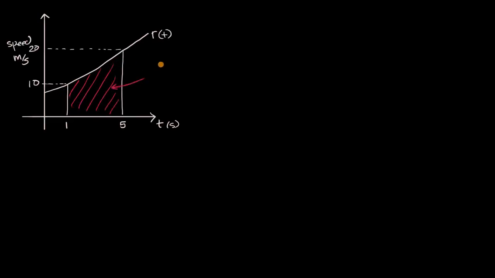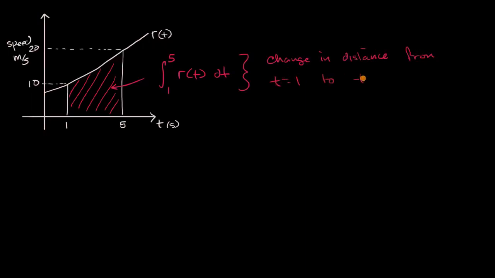This area right over here, we could denote as the definite integral from 1 to 5 of r of t dt. And once again, what does this represent? In this case, when our rate is speed, this whole expression represents our change in distance from t equals 1 to t equals 5.